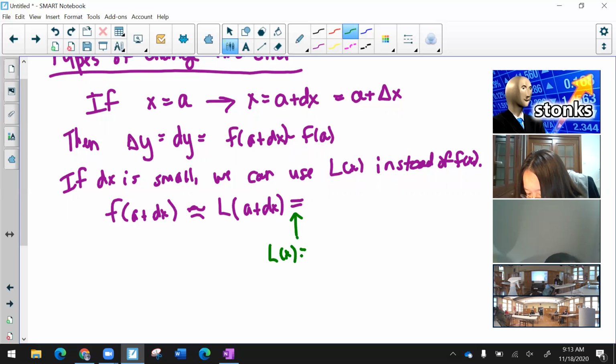And remember that L of x is equal to f of a plus f prime of a times x minus a.